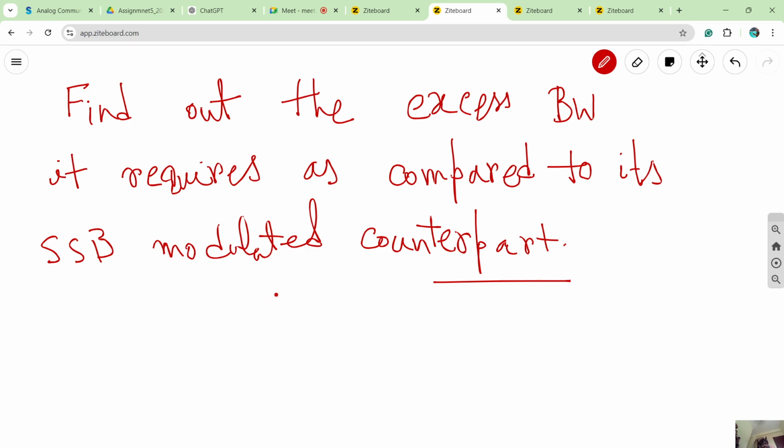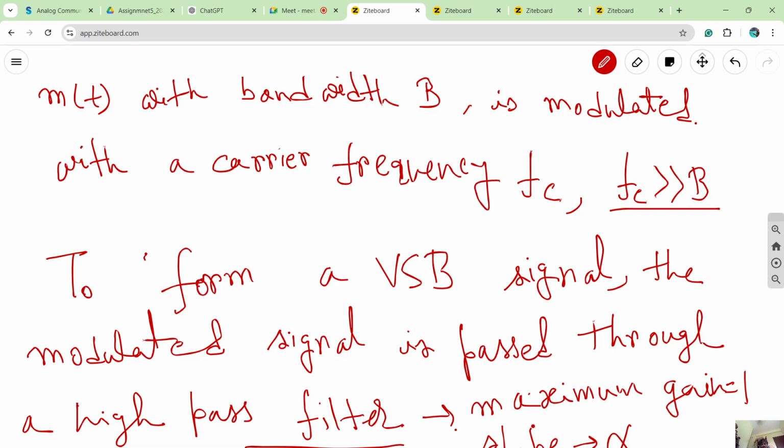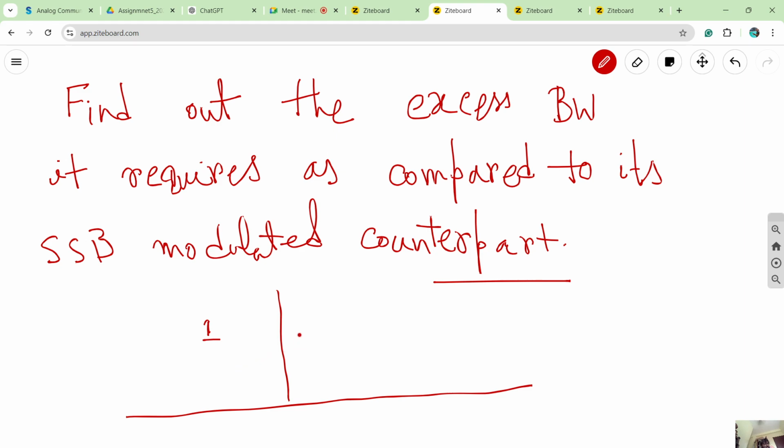So I'm just giving the picture also because it will be helpful for you. The maximum gain of the filter is 1. That is said in the question. And the filter has a slope of alpha. So what will the filter look like? It is this one. This is the center frequency.